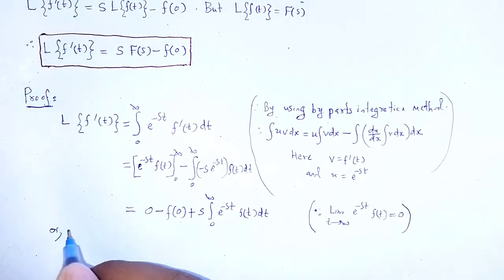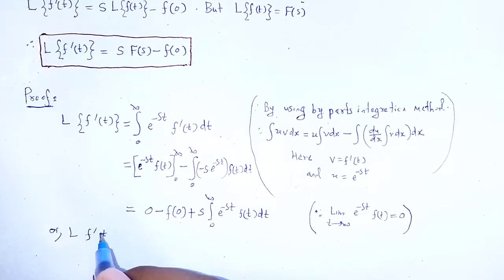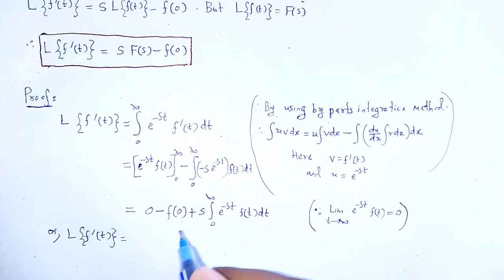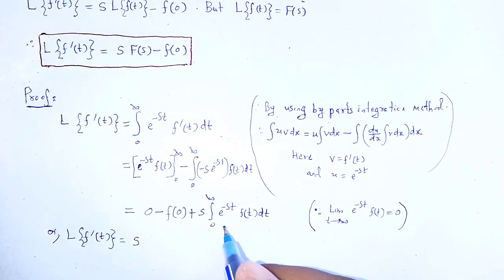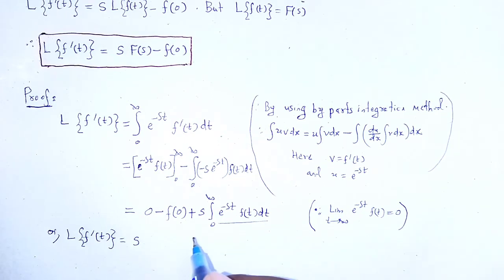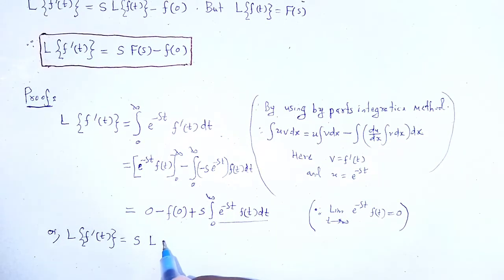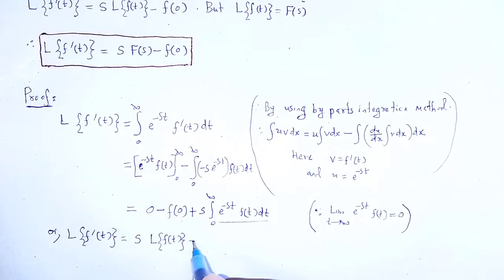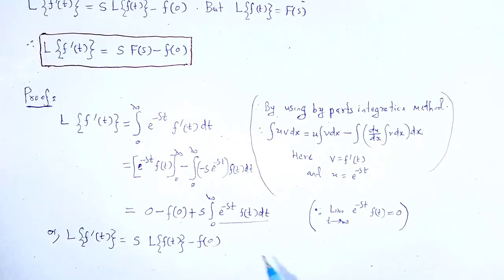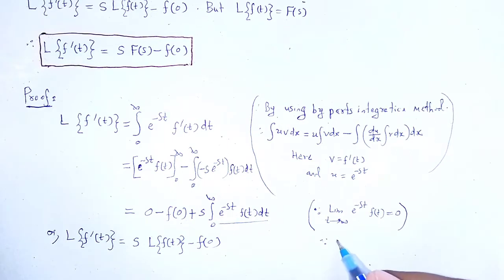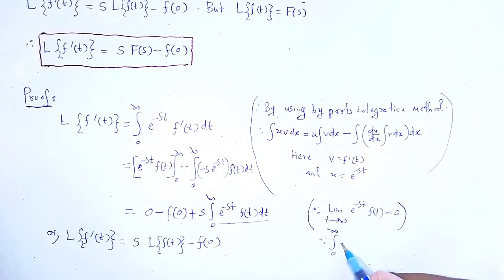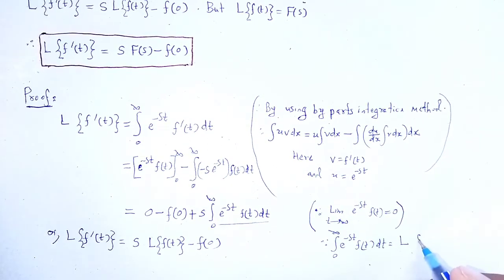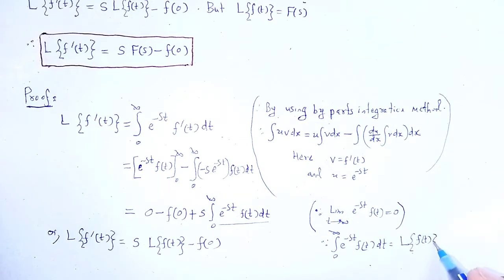Therefore, the Laplace transform of derivative of the function f dash t is equal to s, that term as Laplace transform of f of t, minus the function evaluated at 0. As we know, integration from 0 to infinity e to the power minus st f of t dt is equal to Laplace transform of the function f of t from the definition of Laplace transform.